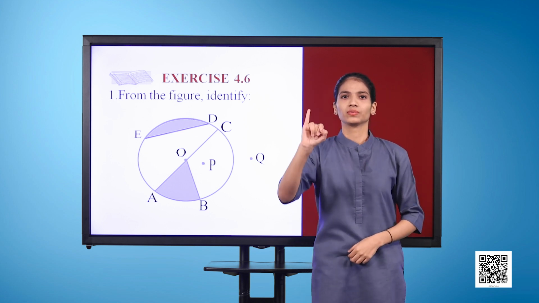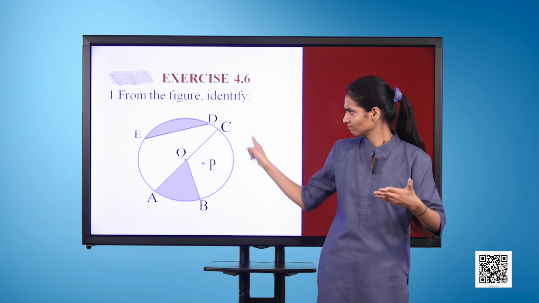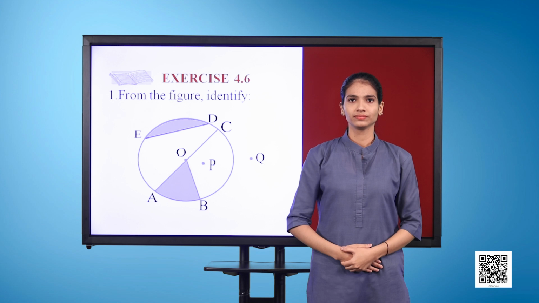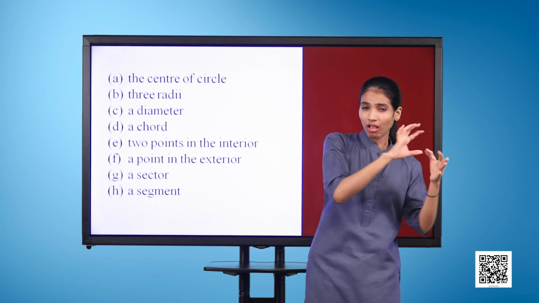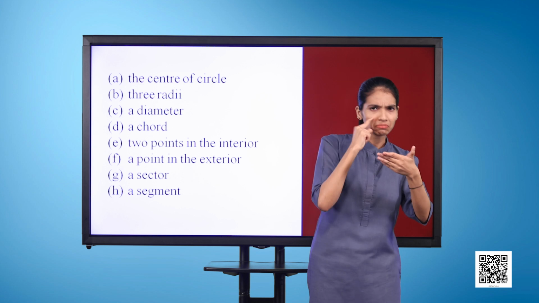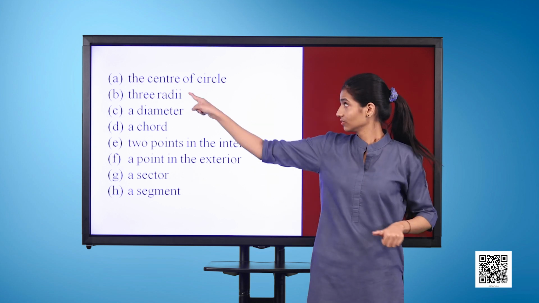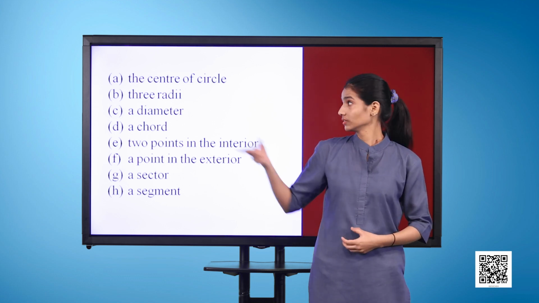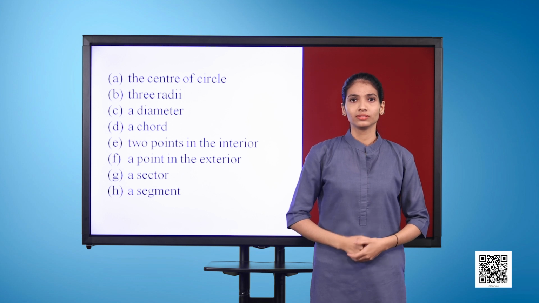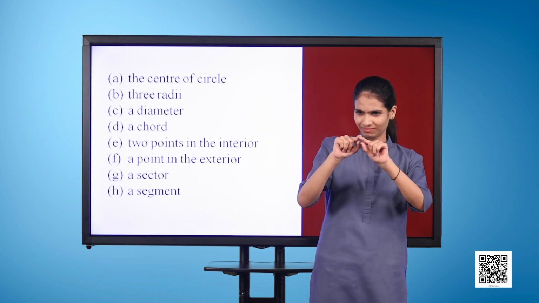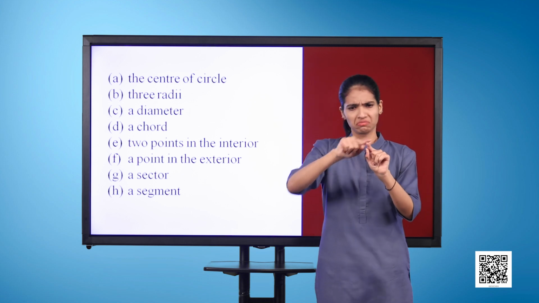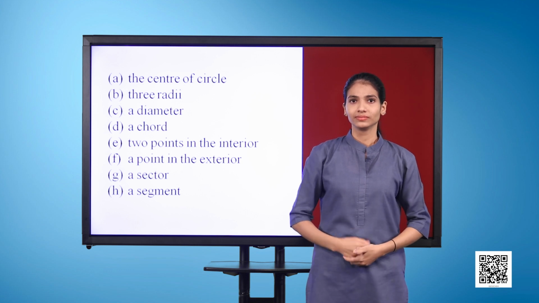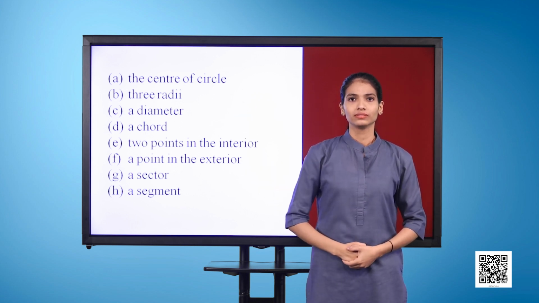Exercise 4.6. 1. From the figure, identify: A. The center of the circle. B. 3 radii. C. A diameter.